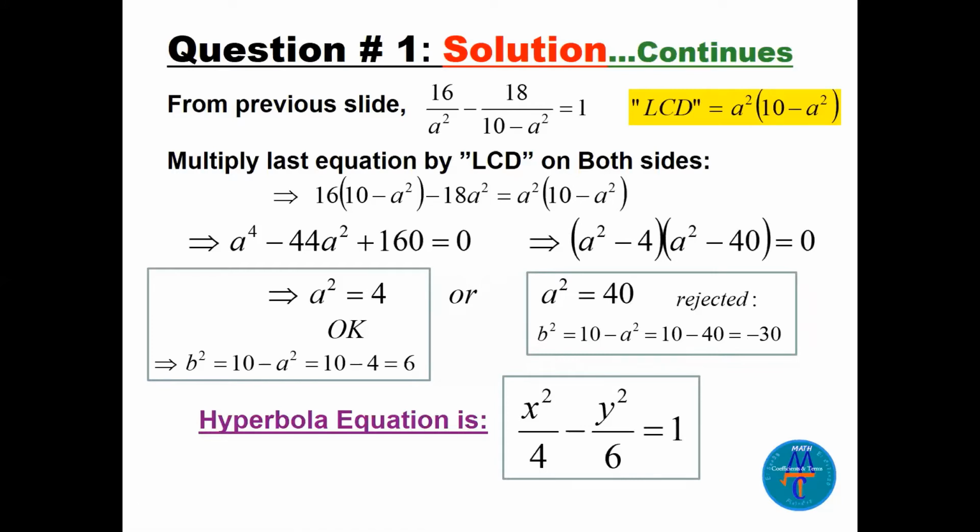B squared cannot be negative, so that's rejected. So now we take x squared over 4 minus y squared over 6. You see this simple, easy equation? That's the answer. Simple, easy equation. X squared over 4 minus y squared over 6 is equal to 1.